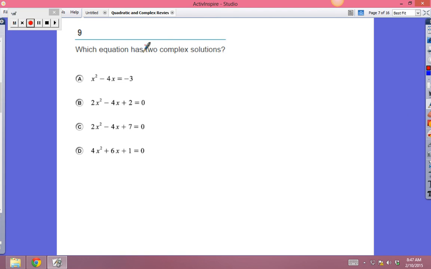Okay, 9, which one's got two complex solutions? So you can type these into the graph and look at the picture, because if you look at a parabola, the solutions it's talking about are where it crosses through your x-axis, because these are the zeros, these are the roots.